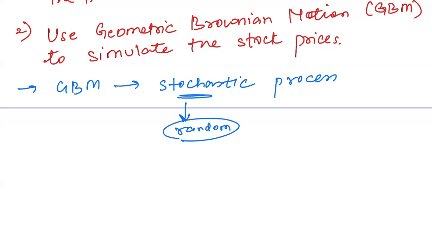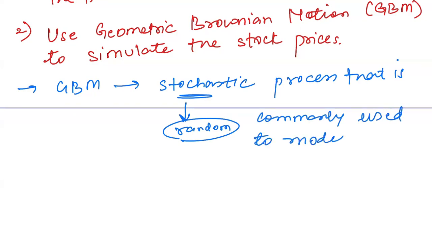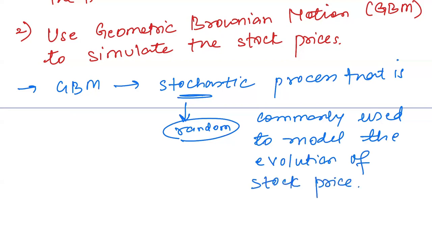So GBM is a stochastic process that is commonly used to model the evolution of stock price. Some people use machine learning, some people use other methods, right? In quant finance specifically, we use geometric Brownian motion to model the evolution of stock price.